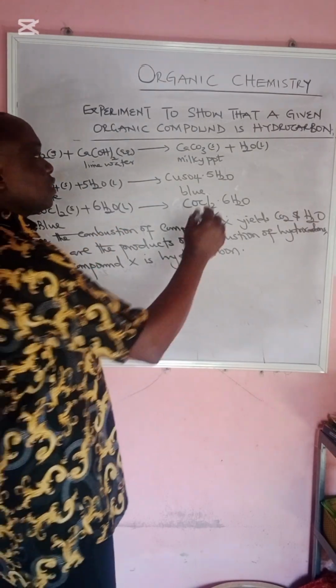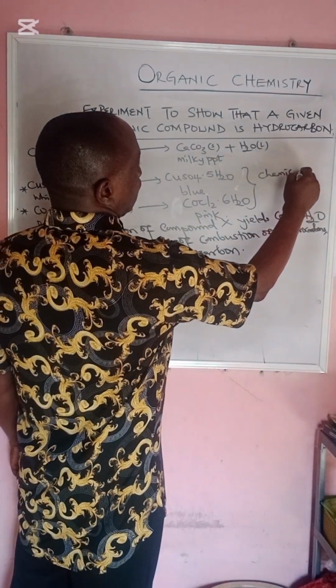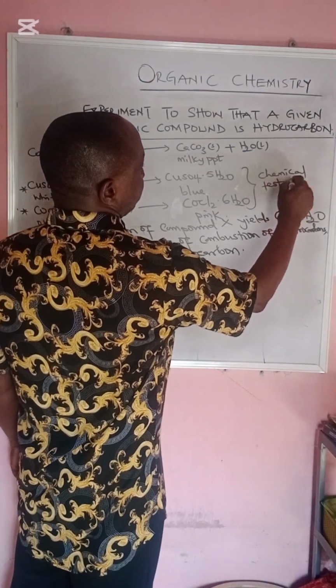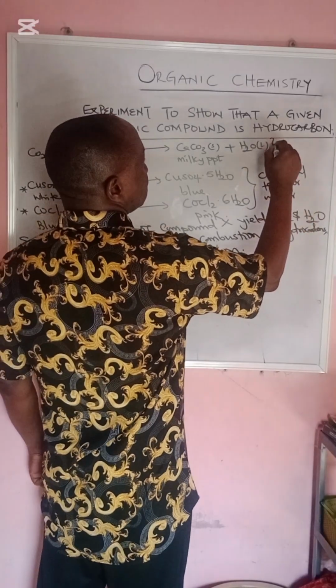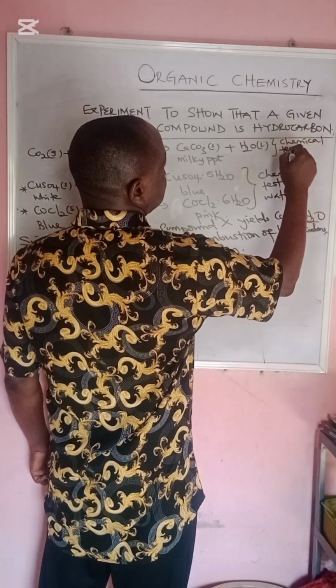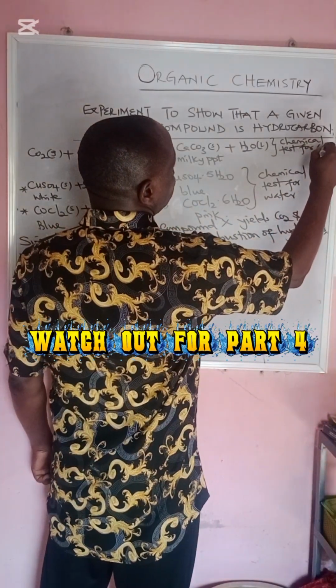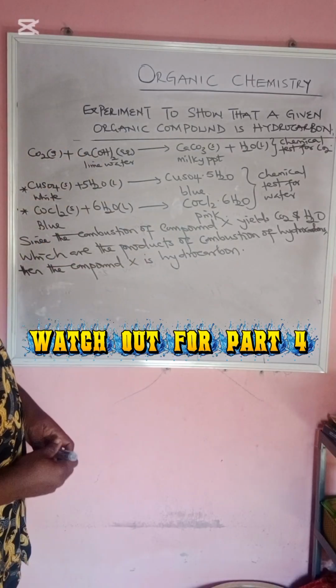These are the two chemical tests for water. The chemical test for CO2: CO2 turns lime water milky, and lime water is calcium hydroxide.